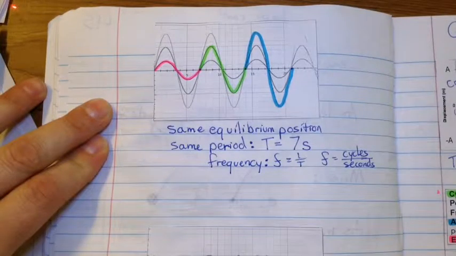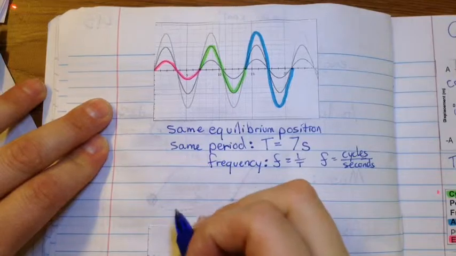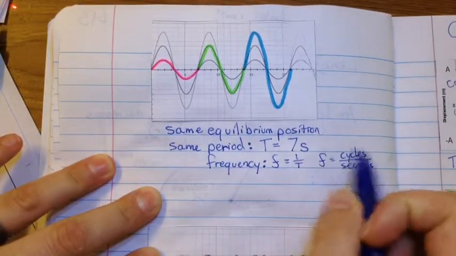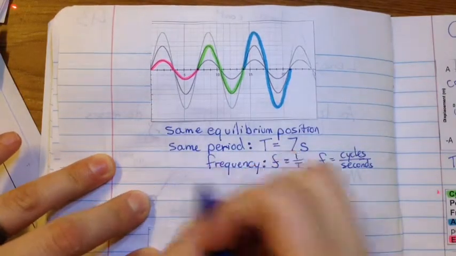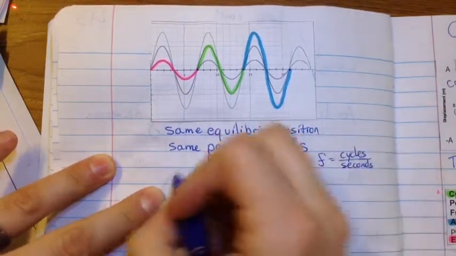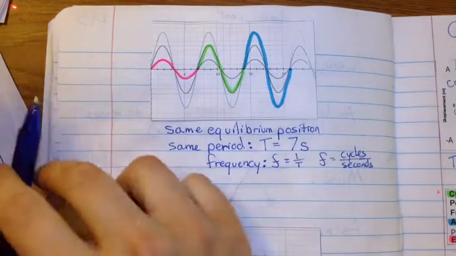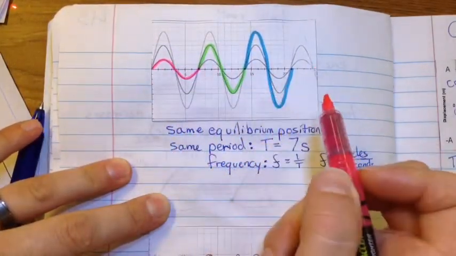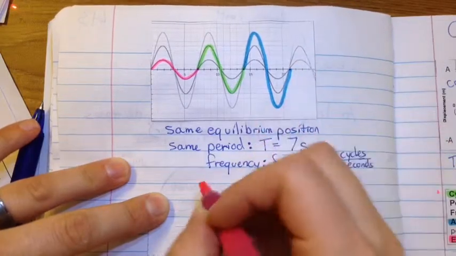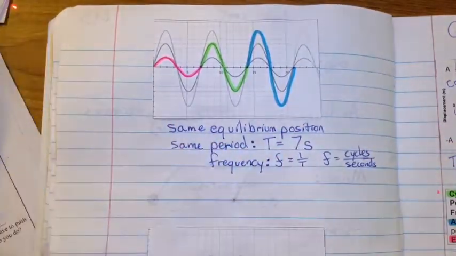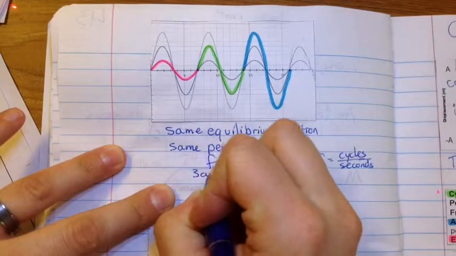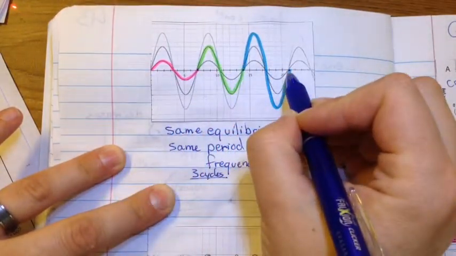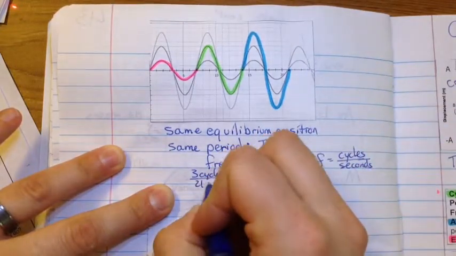To calculate the frequency for each of these graphs, we are going to use the formula cycles per second. For the pink graph, we have 3 cycles, and it takes 21 seconds. So 3 cycles divided by the time it takes to do those 3 cycles, which is 21 seconds.